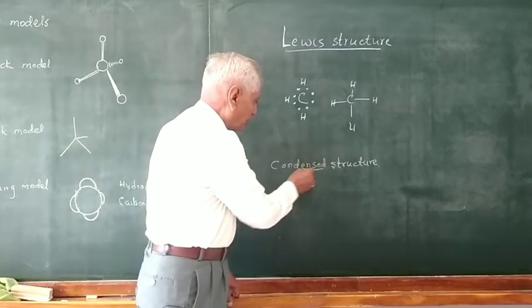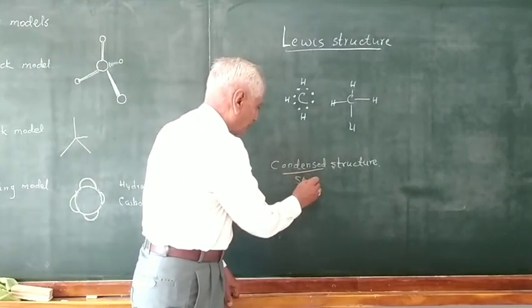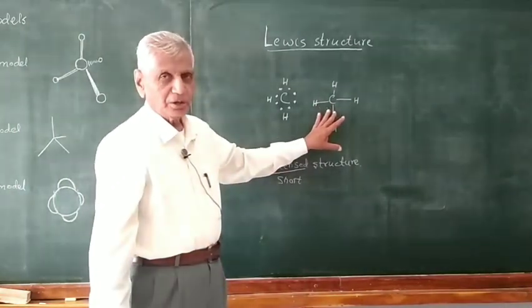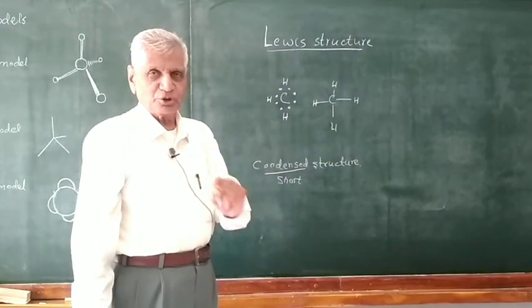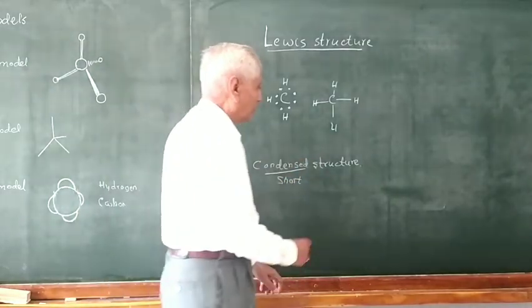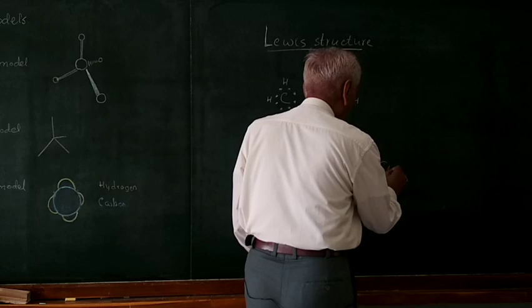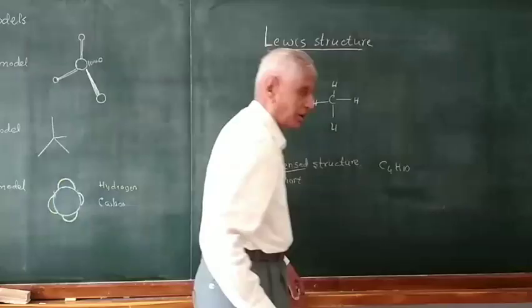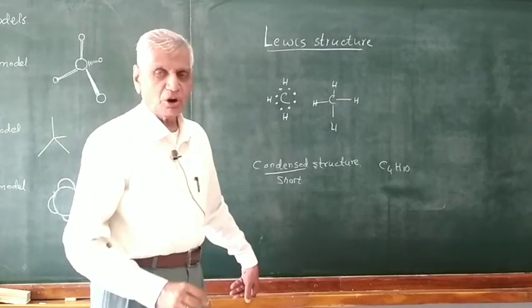Condensed structure means a short structure. This is a complete structure. This can be written in the form of a short structure. How to write this short structure? Say for example, you have the compound C4H10. This compound can be written in short form.